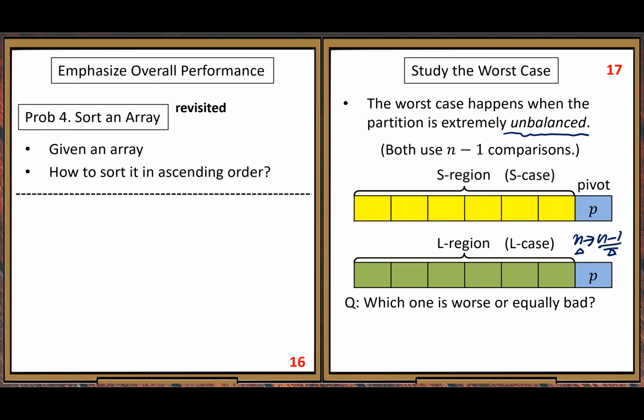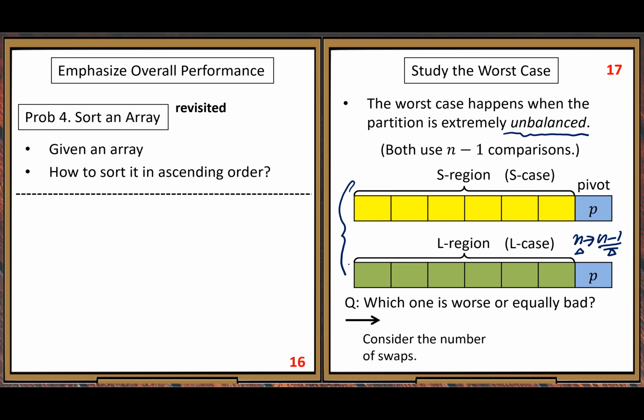So another question. Both of these two cases correspond to the worst case. But if we like to compare which one is worse than the other, they have a very small difference. Which one is worse or equally bad? To answer this question, you can look at the swap operation.